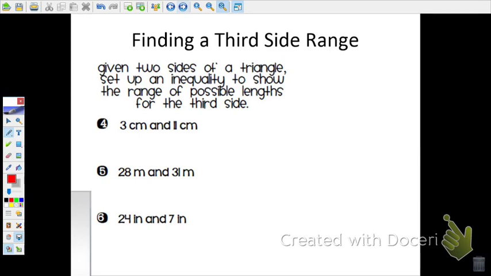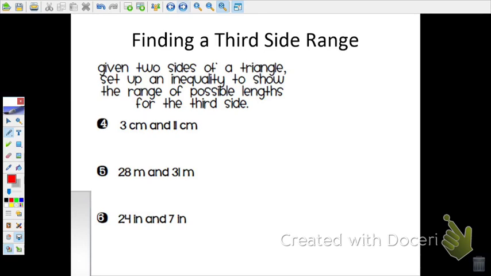The problem is with these two sides that we have, we don't know if the missing side is smaller than 3, if it's the smallest one, or it could be the biggest one, it could be bigger than 11, or it could be somewhere in between 3 and 11. We don't know the length of the third side. We're trying to find a range for those sides.